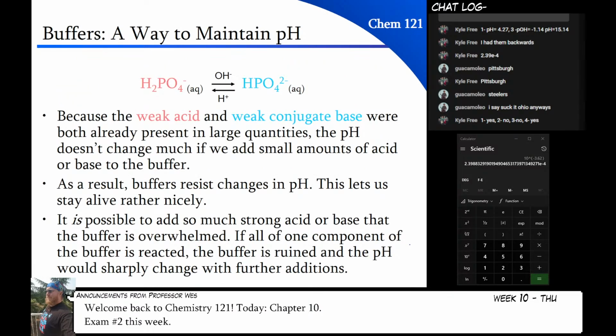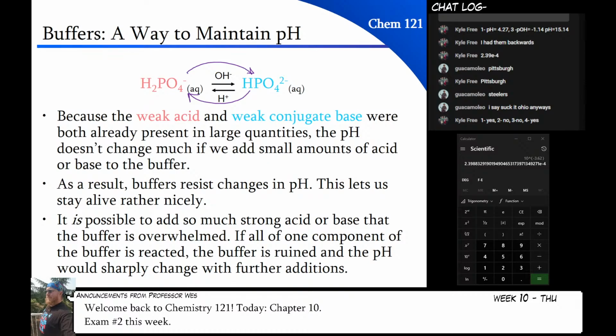So all we are really doing is, when we add H+, we are just changing it back and forth. So if I add H+, it does this. If I add hydroxide, it does that. Now, it is possible to add so much H+ or OH- that you will consume all of one part of the buffer. The buffer is not infinite in its capacity.